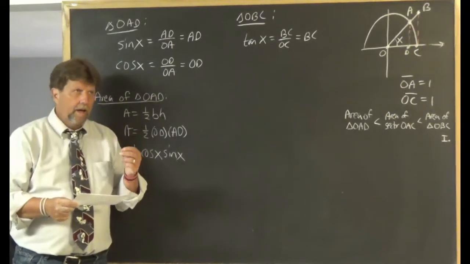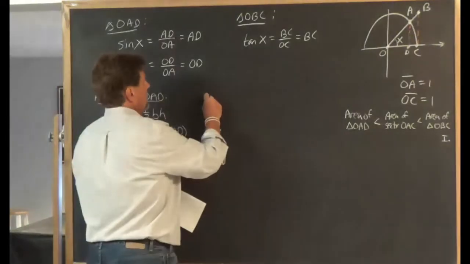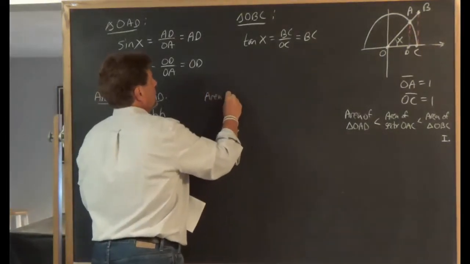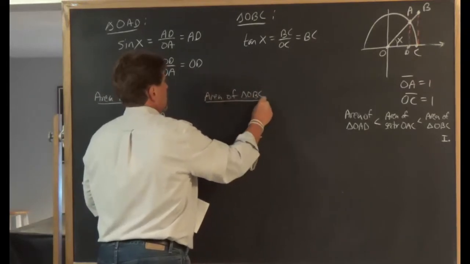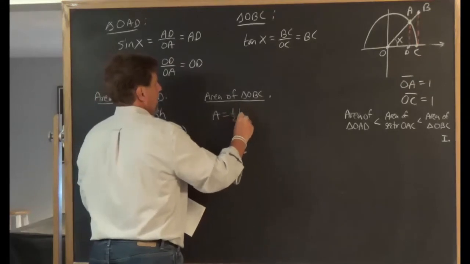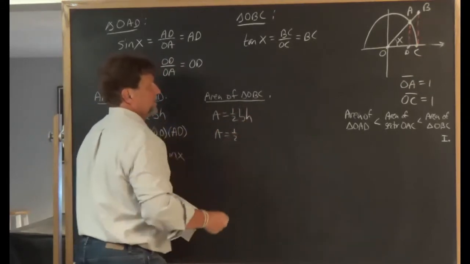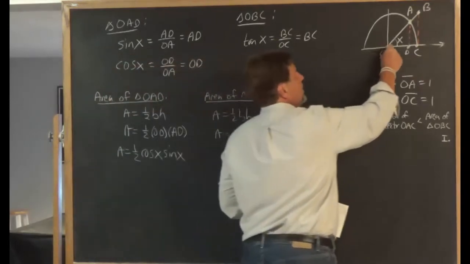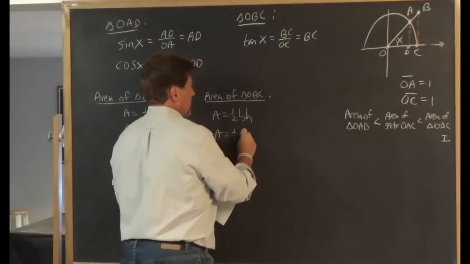While we're here, let's do the area of triangle OBC. We know that's 1/2 base times height. The base of triangle OBC is OC.